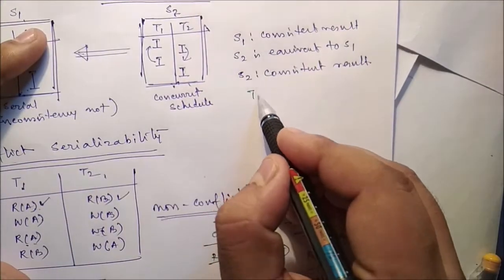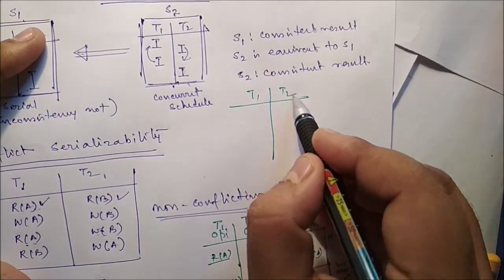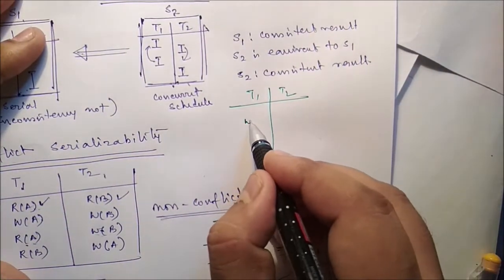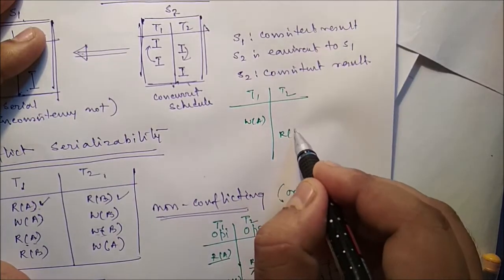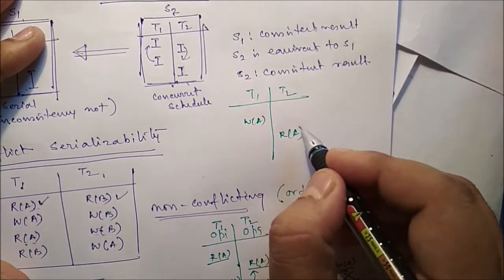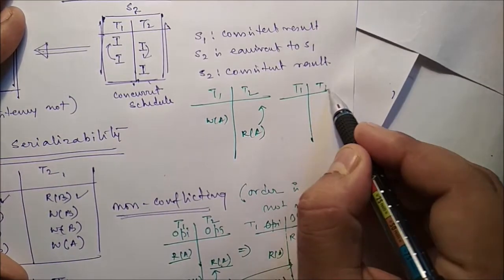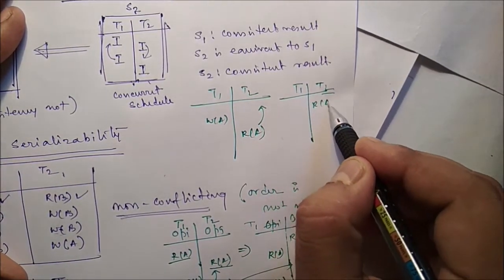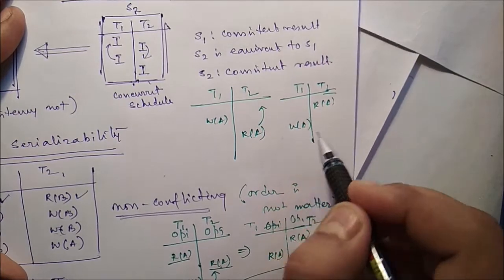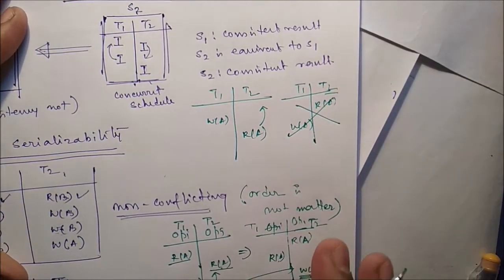Similarly, say T1 and T2 are there. Here it is write A and it is read A. We cannot swap, we cannot move upward. It is not a valid movement. Read A, then write A, is also not a valid movement.